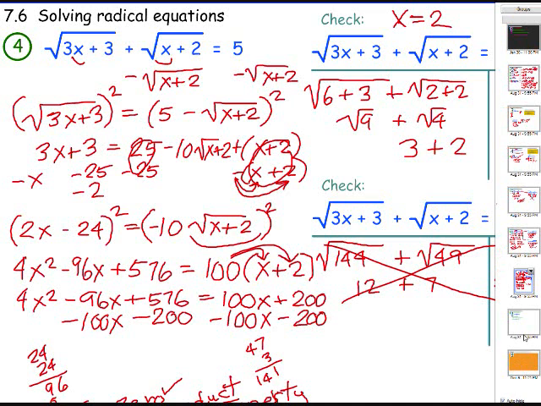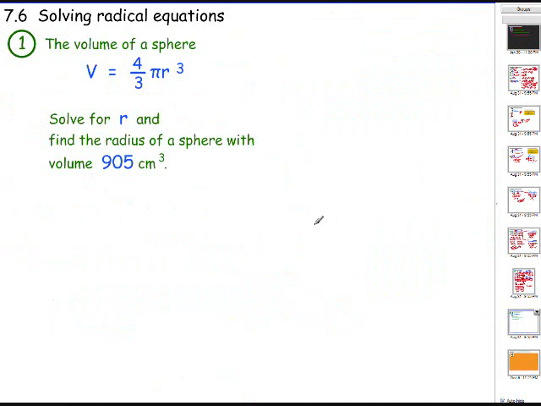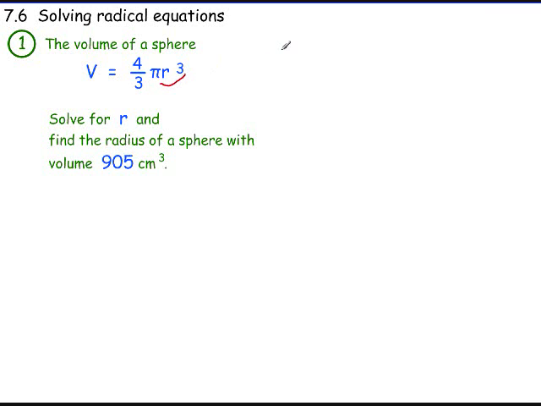What a problem. We're going to look at one more, the volume of a sphere. This is one that you learned in geometry. Perhaps you remember it. 4/3 of pi r cubed. We're going to solve for r. All right. So that would be right here. Right now, it's being multiplied by 4/3.